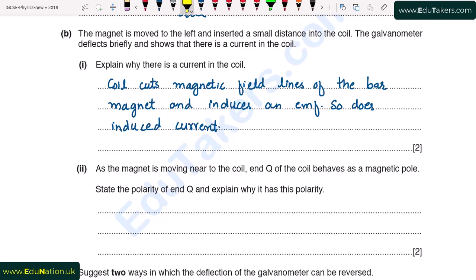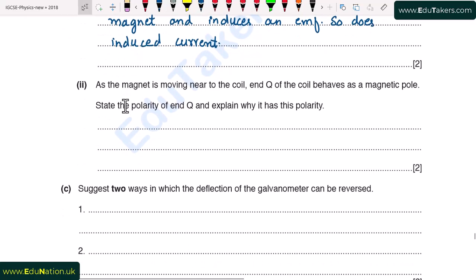Part 2. As the magnet is moving near the coil, end Q of the coil behaves as a magnetic pole. State the polarity of the end Q and explain why it has this polarity.